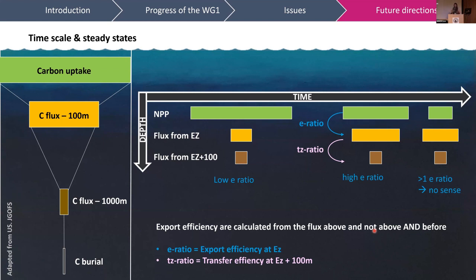The system is not at the steady state, and for instance, after a bloom, the flux at the surface is decreasing over time, whereas it's increasing at the base of the aphotic zone as the bloom materials are sinking. Export efficiency, which is the metric used, is calculated from the flux above the depth and not above plus before. So that leads to an e-ratio that can be more than 100%, which is a bit problematic.